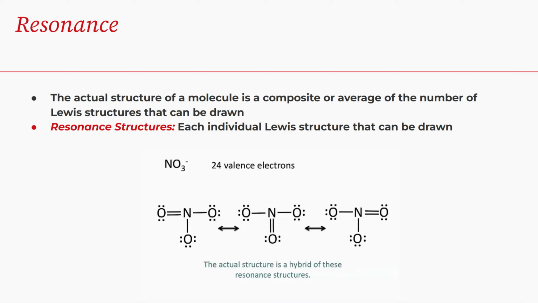It could go on any of them, and it still satisfies all our rules and makes a stable compound. So we say that each of these are resonance structures of the full compound. So the compound is all three of these at the same time because all three of these could exist.